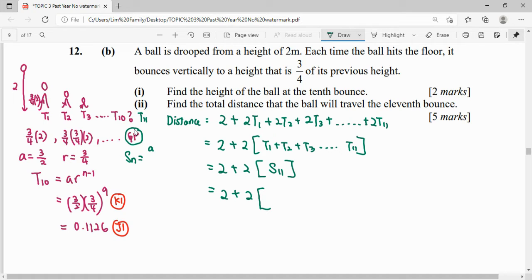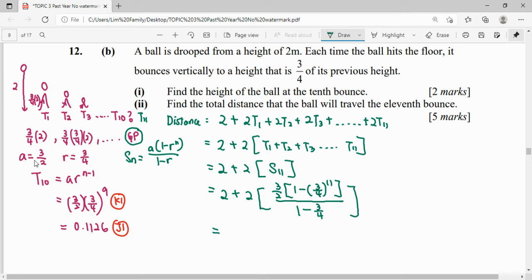A, since our r is smaller than 1, so it will be 1 minus r to the power n divided by 1 minus r. So we will plug in our first term here. This is the first bounce height, 3 over 2. And then 1 minus r, where r is 3 over 4, power n, so power is 11, divided by 1 minus 3 over 4.